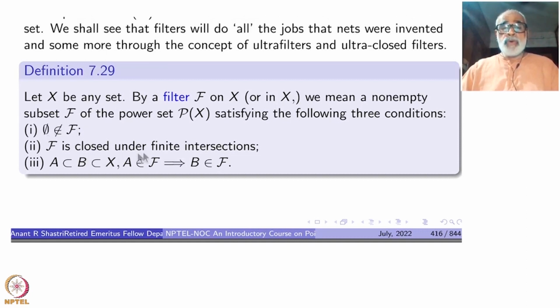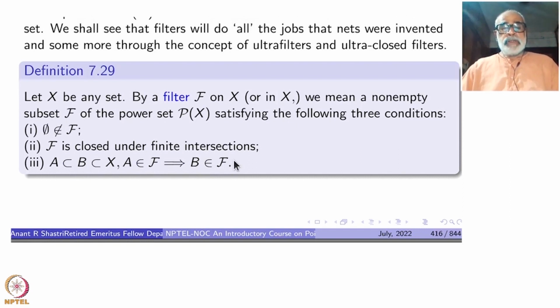Two: F is closed under finite intersections. This one is familiar to you, like in a topology. Three: if A is contained inside B contained inside X, these are subsets of X, and A is in F, then B is in F. All supersets of a member are also inside F. Such a condition was not there when you were studying topology at all.